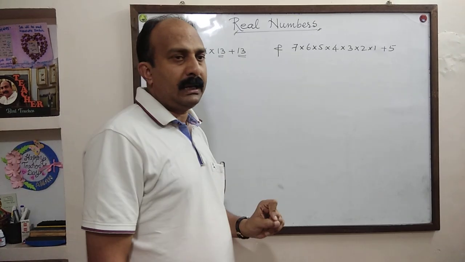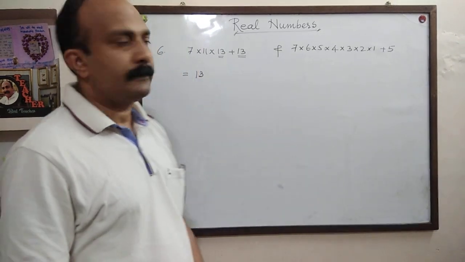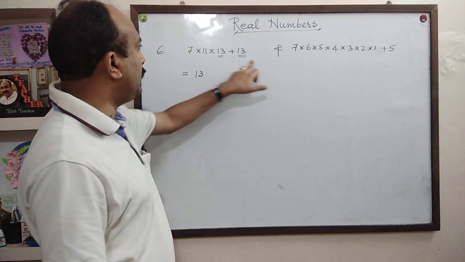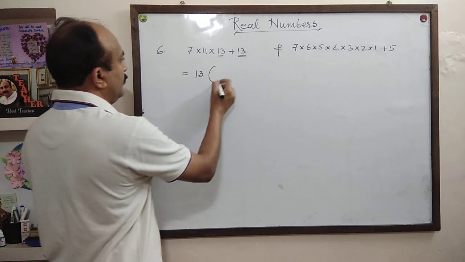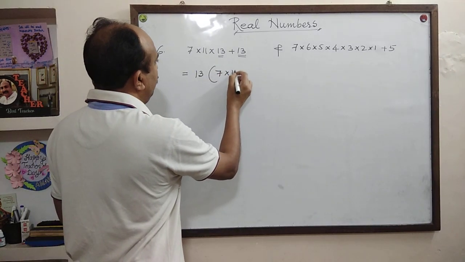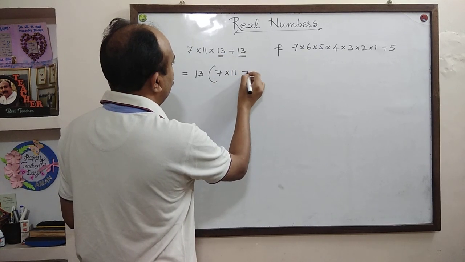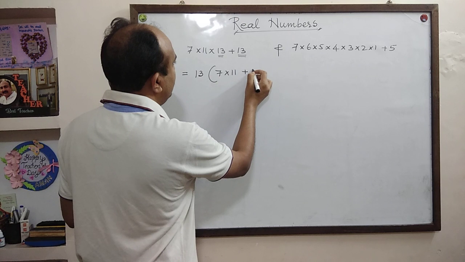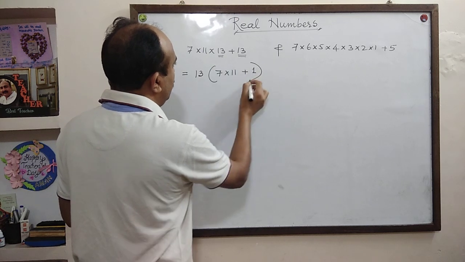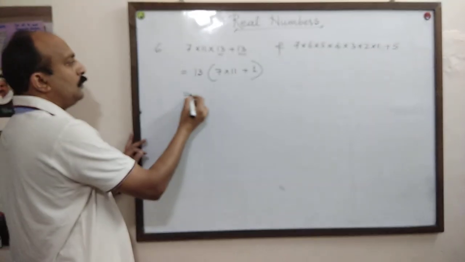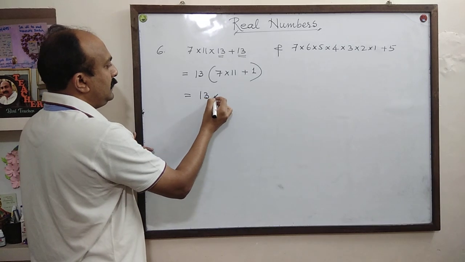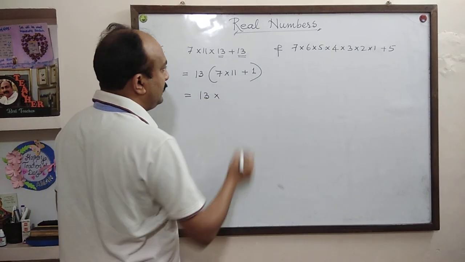Plus or minus sign separates the terms. So here and here 13 is common. What is left out inside? 7 into 11 into 1. If you take out that 13, then plus 13, 13 is gone outside, so it is 1. So it is 13 into (7 into 11, 77.